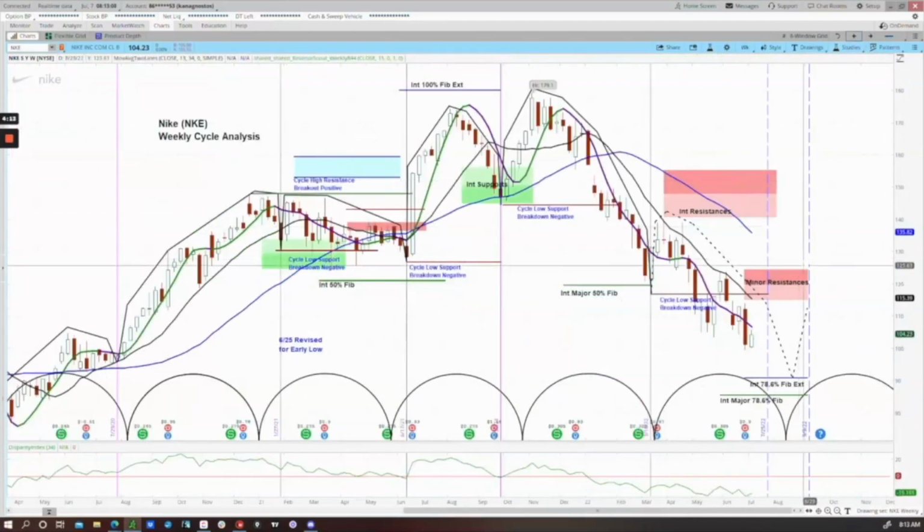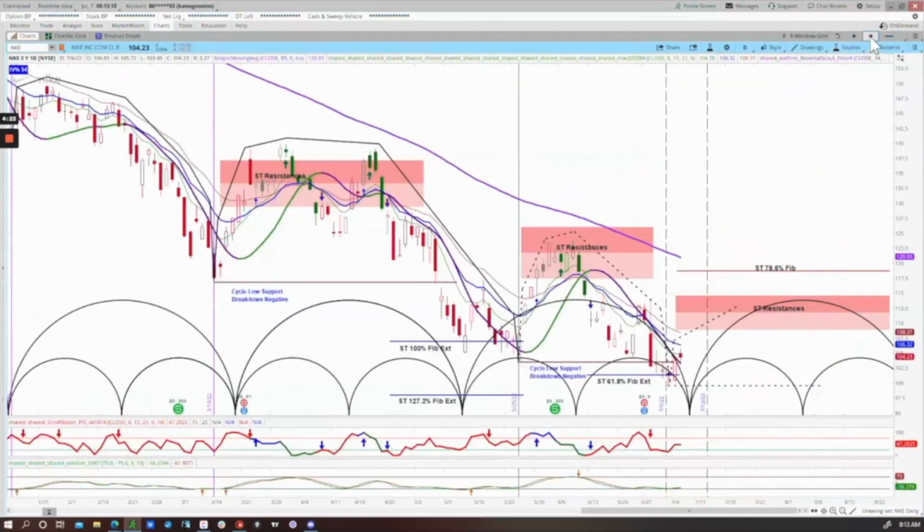Switching back to the weekly chart, this timing window when we expect the current intermediate term cycle to end is between July 25th and September 9th. Now on the daily chart, this next cycle ends on or about August 28th. So this daily cycle fits within that weekly cycle timing window.